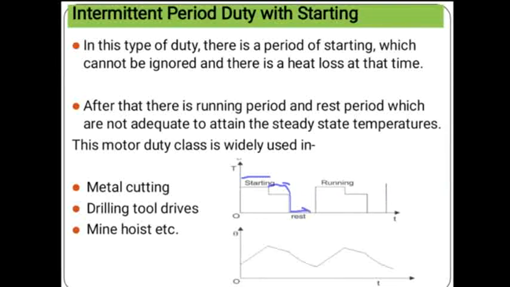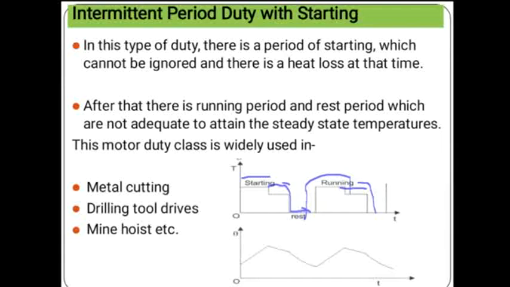This is the rest period, and after that the motor is running again, operated, and then goes to the rest period. So this is the phenomenon of intermittent periodic duty with starting.